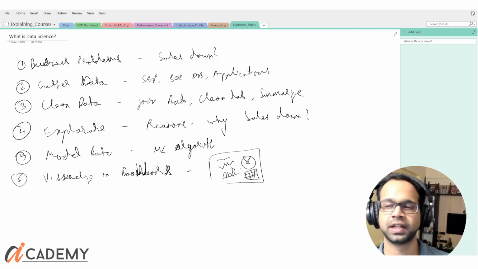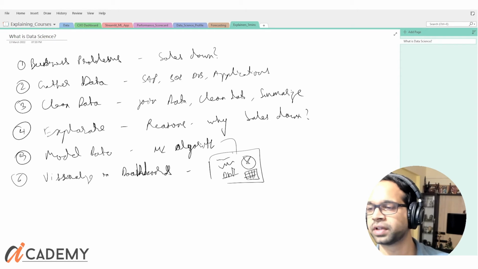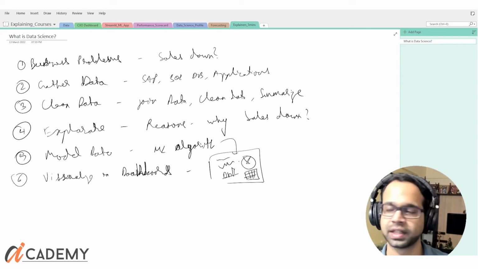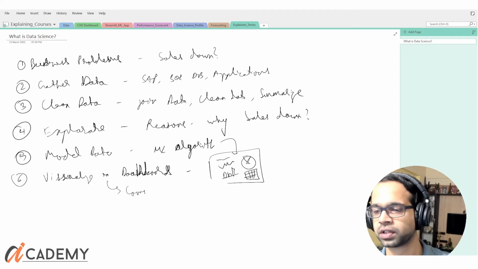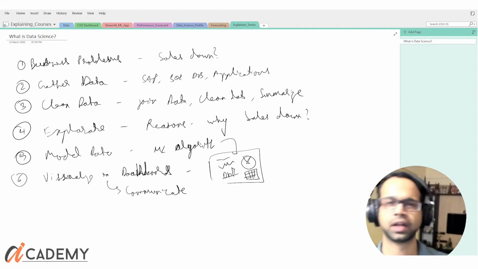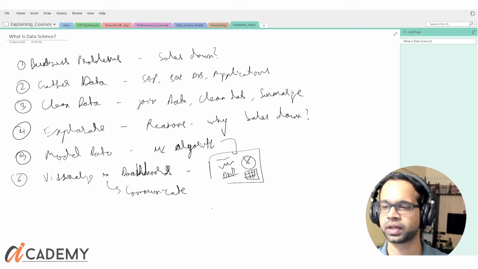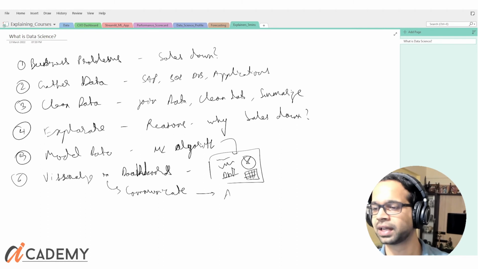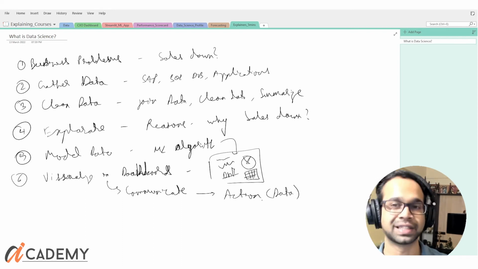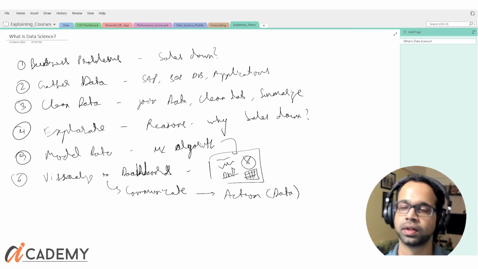You visualize the data, like taking some of the outputs from here, and you visualize the data. And this is where you also communicate with your stakeholders, right? Tell them what you found, why the sales are down, and then they look at the dashboard, and they can now take some action on top of the data that we present to them, right? So this is the next step where you visualize and communicate.